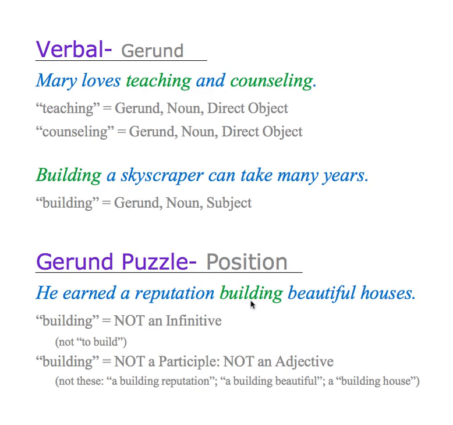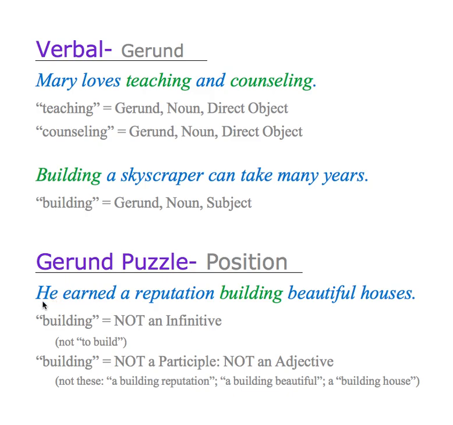And we see building has the ing form, and it's not a participle because it's not functioning as an adjective. In other words, you can't say a building reputation or a building beautiful or a building house. Now, you could talk like this in poetry. Okay, that's acceptable in the realm of poetry, but not in basic grammar, not in basic rhetoric when speaking back and forth. So now we have a puzzle here.